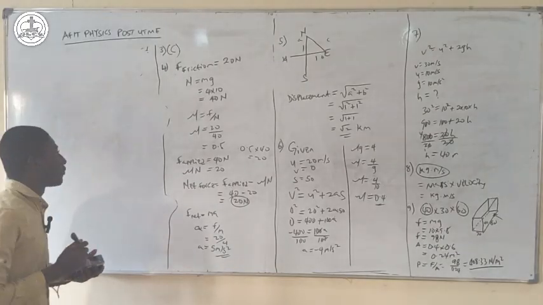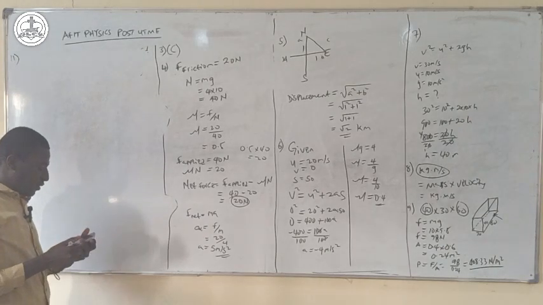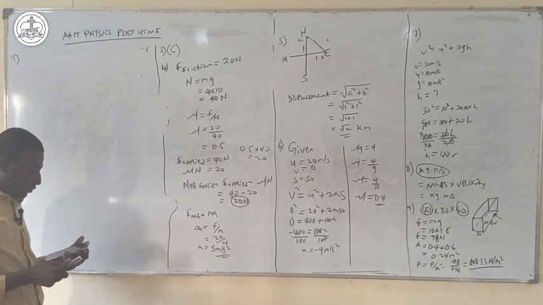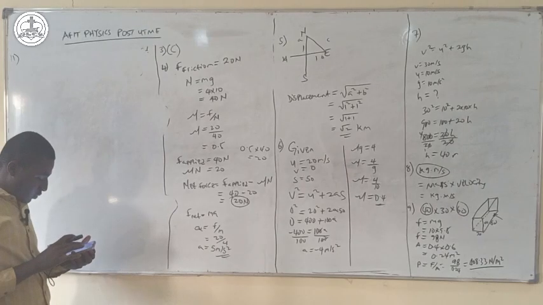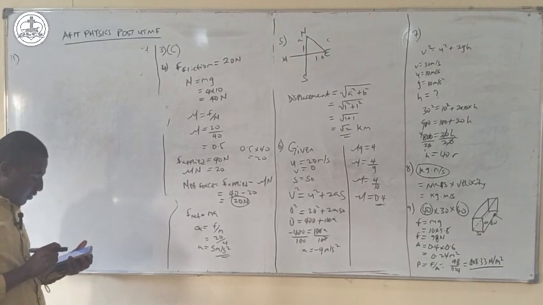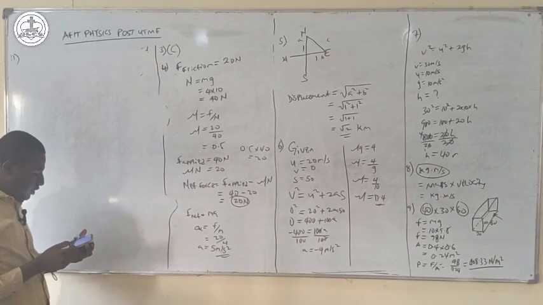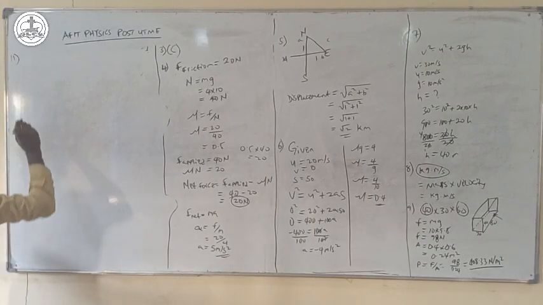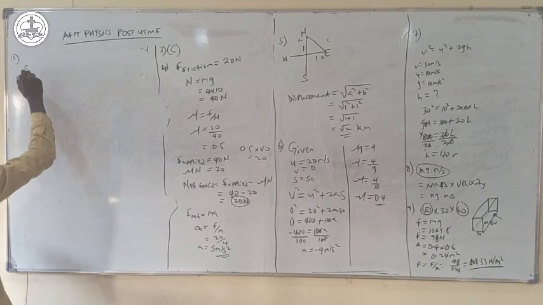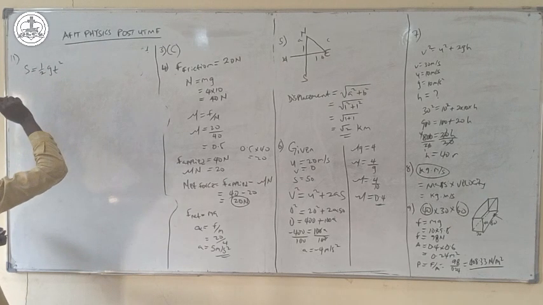So question 11. A stone which is dropped into a dry well hits the bottom in 2.2 seconds. How deep is the well? Take your g to be 10 meters per second squared. Okay, so I'm going to use the second equation of motion. S is equal to 1/2 g t squared.